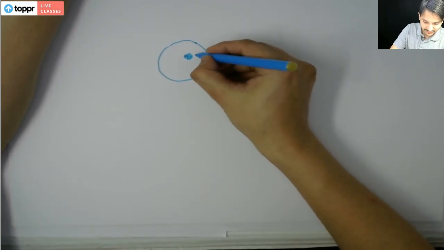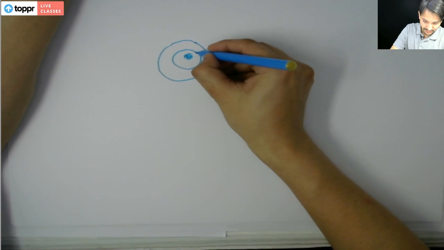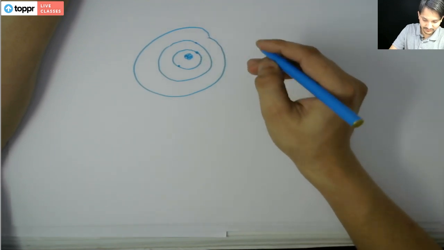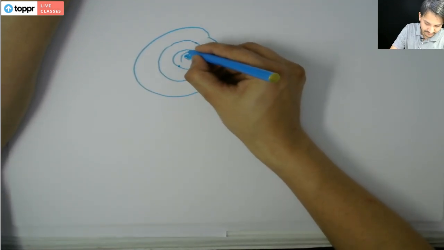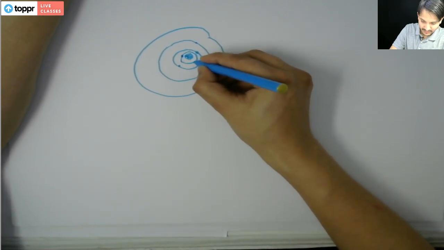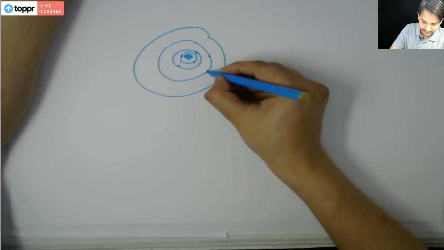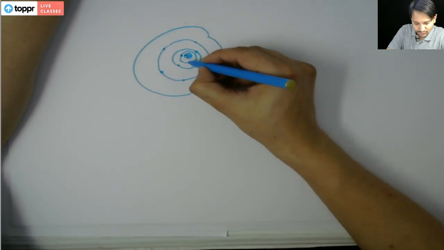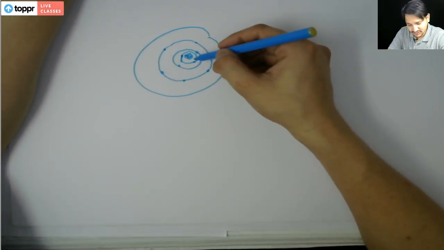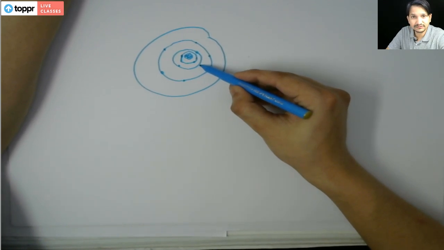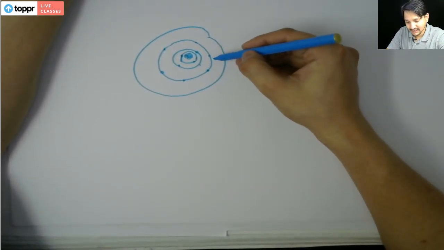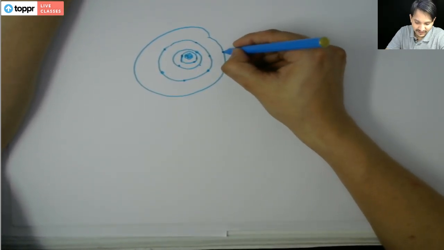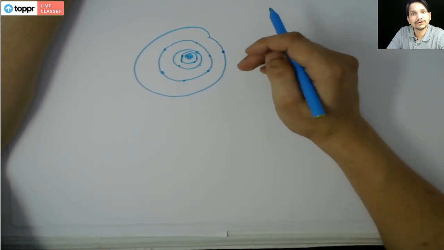This is the innermost 1s2, then 2s2, then 2p6. So we have 2 electrons in the innermost part, 2 in the next, and 6 in the second outermost, and we have 1 electron quite easily available for sharing.